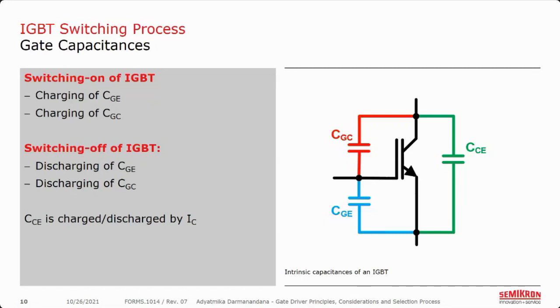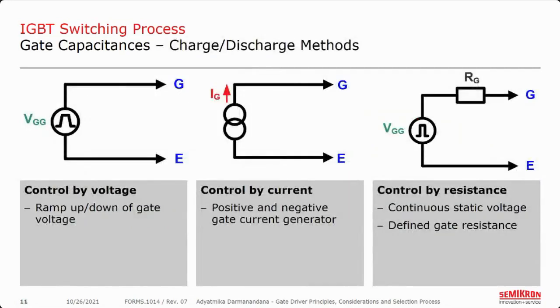Basically, what a gate driver does is charge and discharge these capacitances, the CGC and CGE. For the sake of simplicity, I will further call these capacitances the gate capacitance. There are at least three methods to charge and discharge the gate capacitance. First, by regulating the voltage across the gate and emitter up and down.